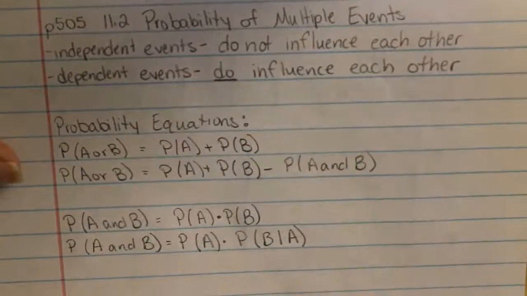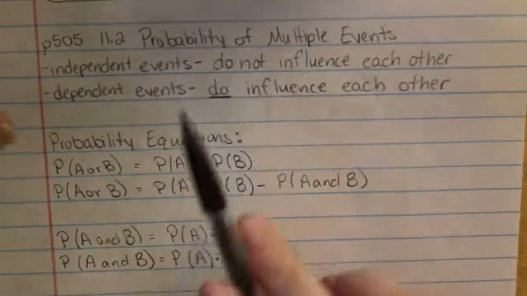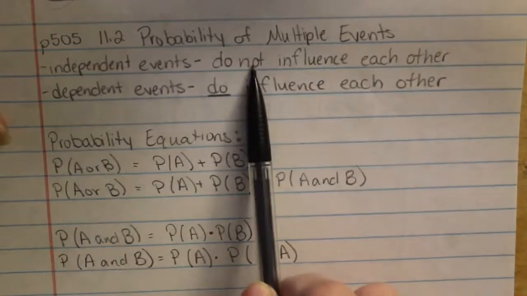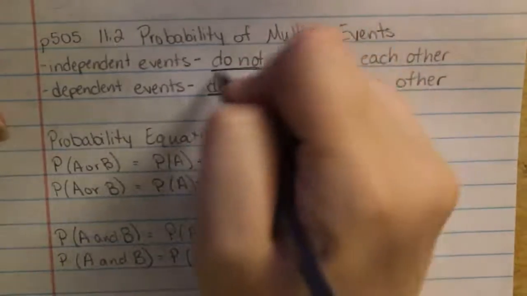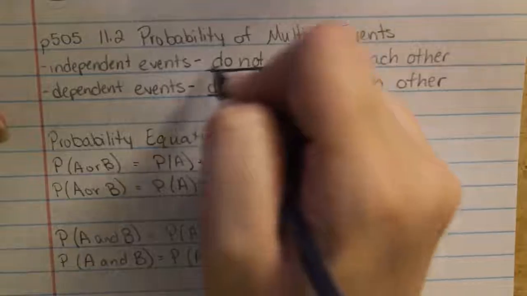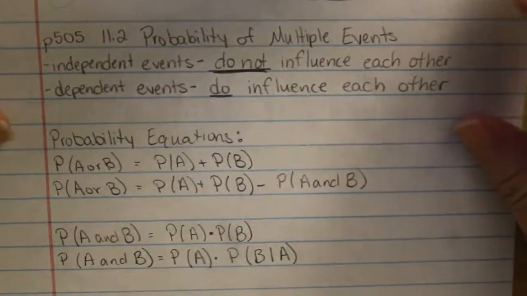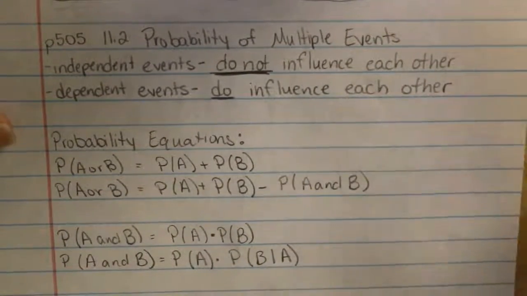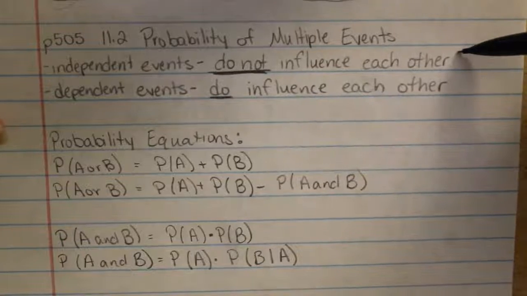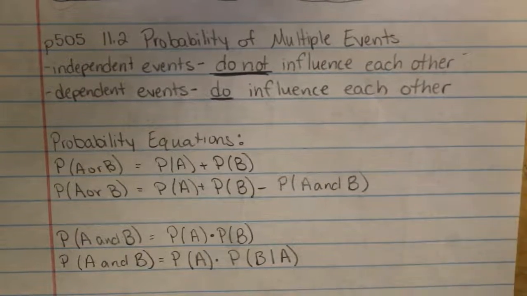Okay, and then down here I have 11.2, which is probabilities of multiple events. Independent events do not influence each other. They're not going to affect each other. Independent events are like when I tell you to do your classwork independently: sit at your table, do it by yourself.